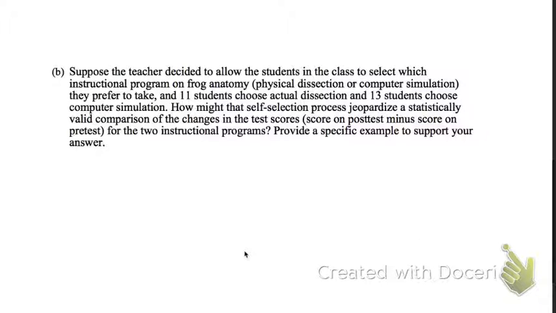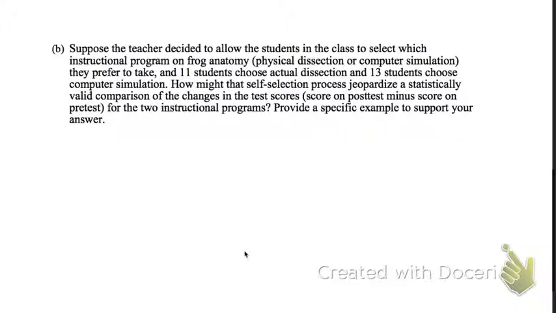Part B said, provide a specific example to support your answer of why self-selection could jeopardize a statistically valid comparison. You do not want to jeopardize things. So the example they provided in the answer was that suppose you have a frog-loving student.